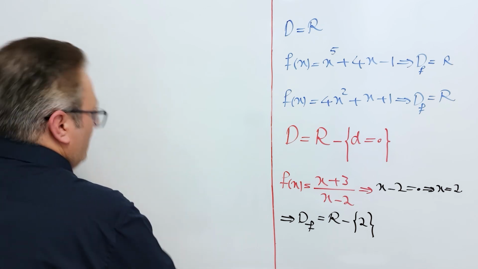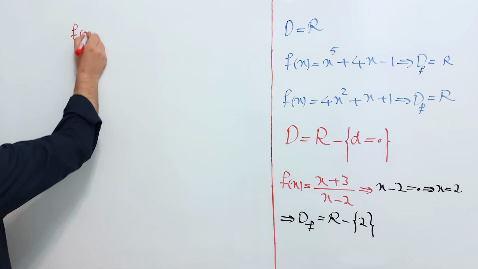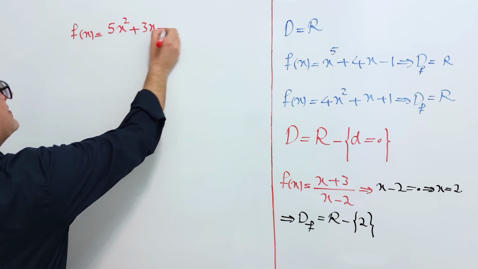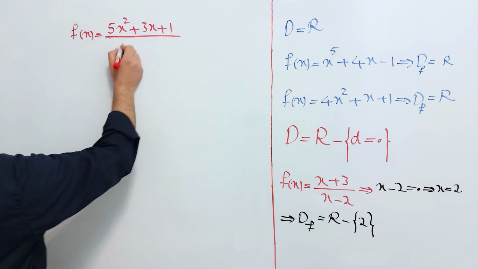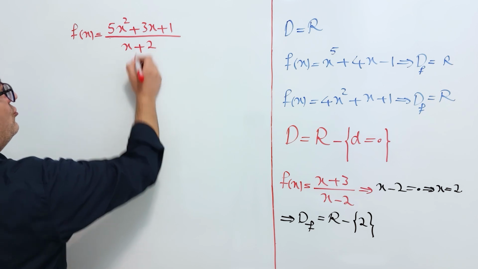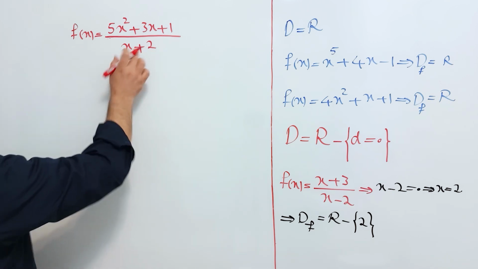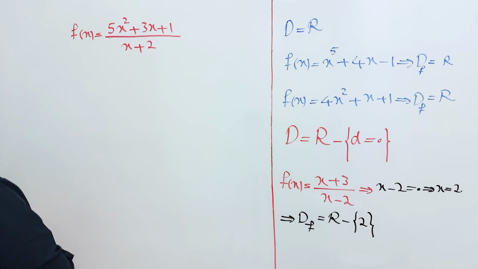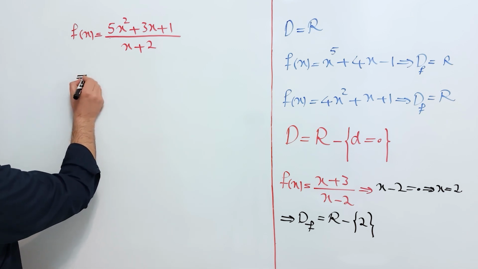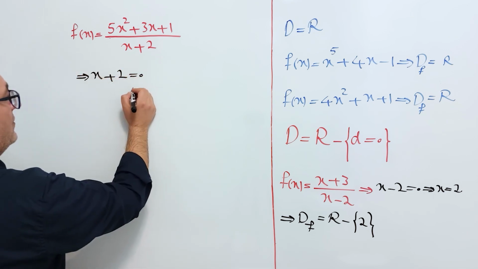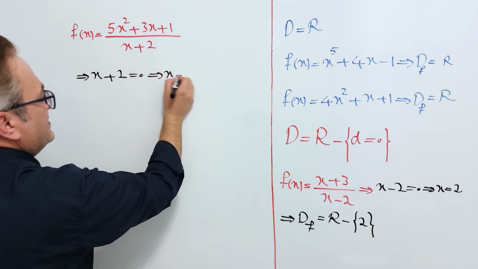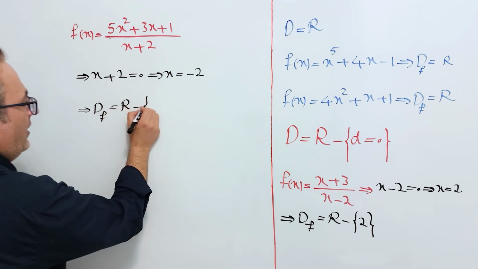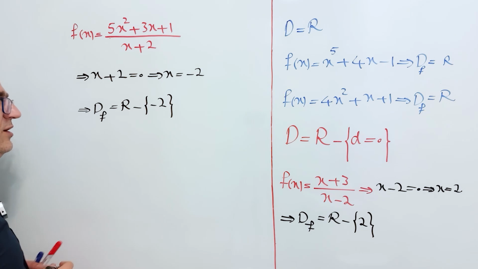Or, for example, f of x is equal to 5x squared plus 3x plus 1 divided by x plus 2. So first set the denominator equal to 0. So we have x plus 2 is equal to 0. So x is equal to minus 2. So the domain of f is equal to R minus {-2}.